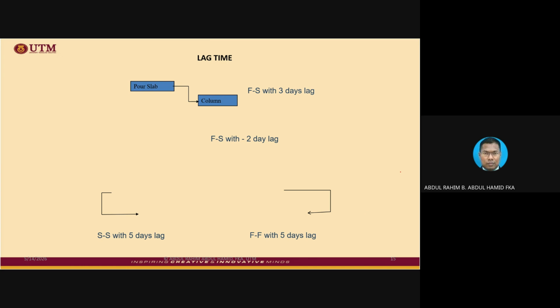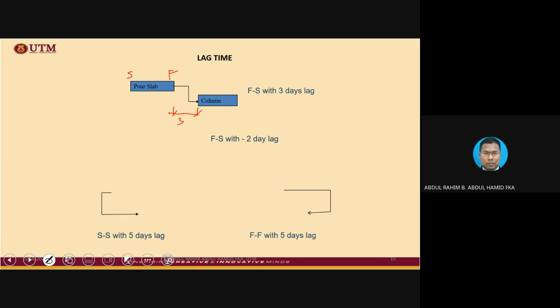So in between, let's say 3 days, we want to allow the waiting period between pour slab completion. So this is the start, this is the finish. After we finish pouring the slab, we do not want to immediately erect the column. We want to have a waiting period of 3 days.